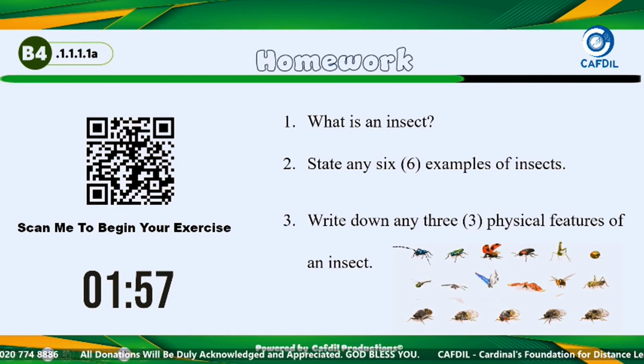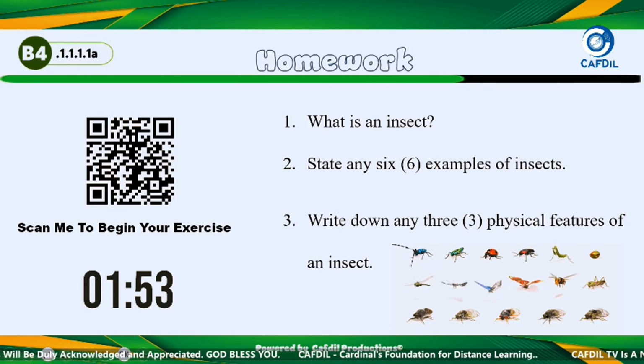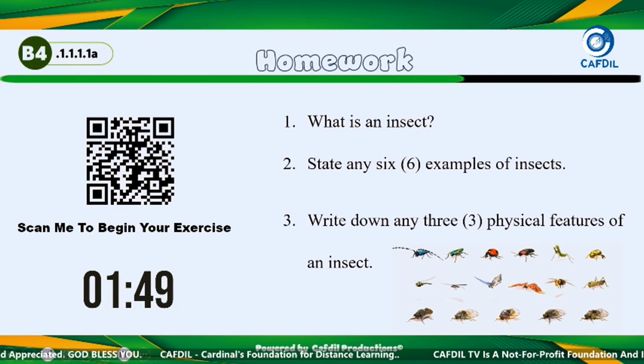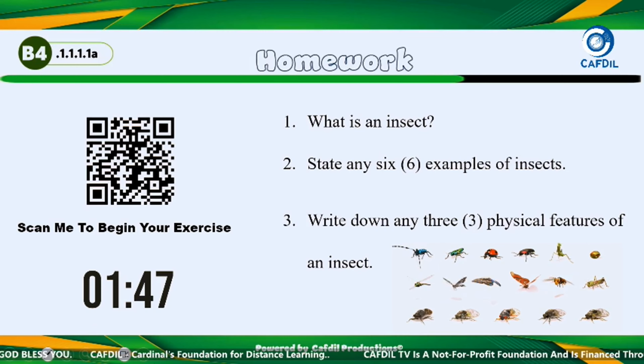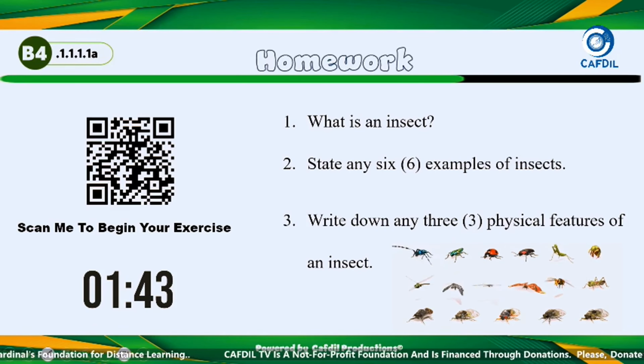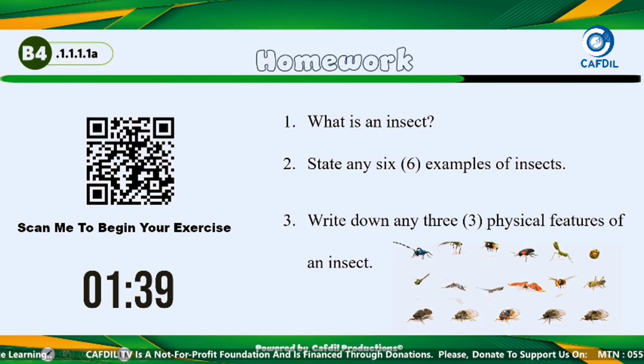So I'll give you some few minutes to do the assignment or write this assignment. As I said, you can scan the QR code on your screen to begin your assignment. When you begin, you type your name, your school, and then your location before you start the test.